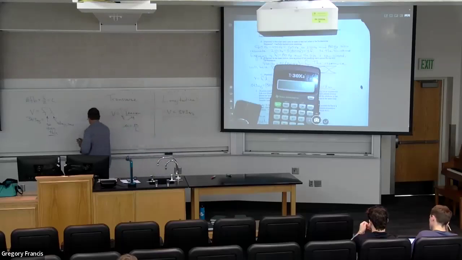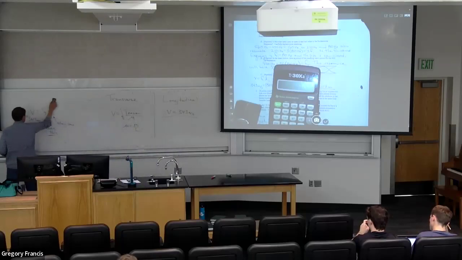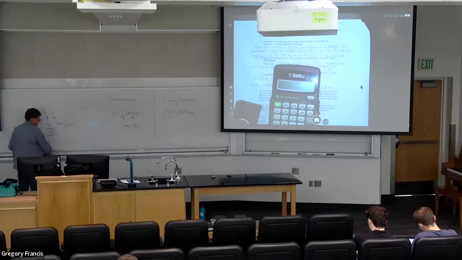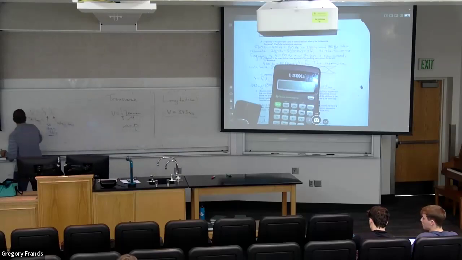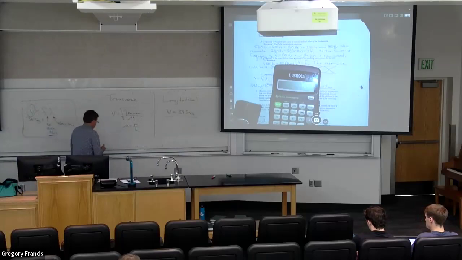Now, these are not the only formulas, because we also have the wave equation, which gives me the velocity. And so there's more than one way to get at a velocity.